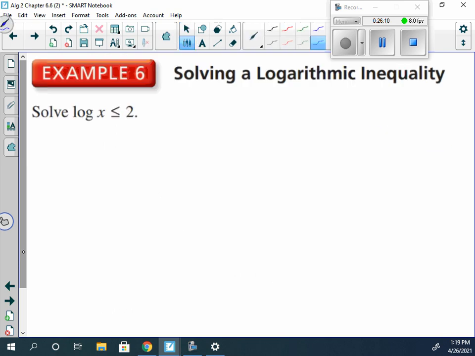Let's look at our logarithms. With these logarithms, inequalities are going to be the exact same as our equations. So here I have log base 10 of x is less than or equal to 2.